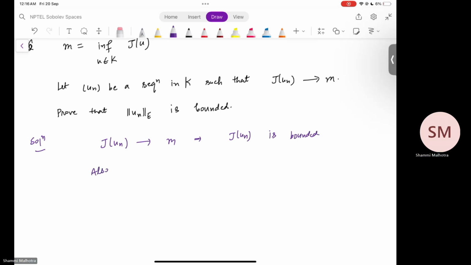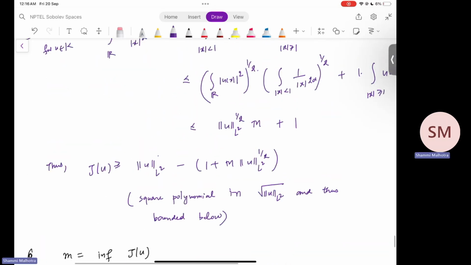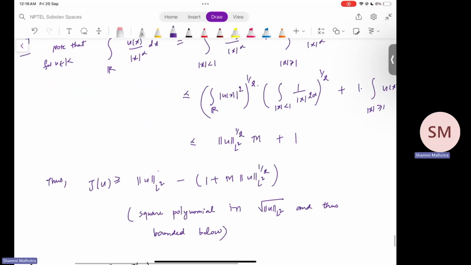Also, we have this J of un is greater than or equal to the norm of un. Oh, sorry, did I make a mistake here? It has to be a square here and just a normal norm here.